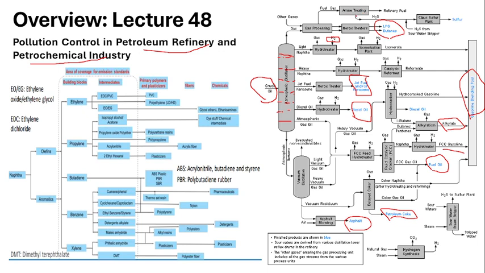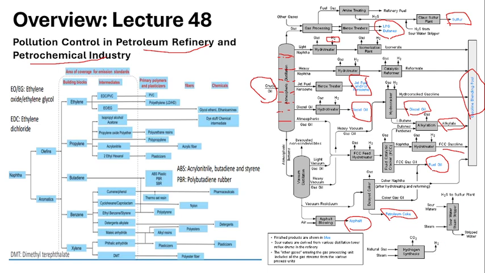So here the amine treatment is happening and refinery fuels are obtained, and all the H2S is removed and passed to the sulfur treatment plant, where stripping happens. After the stripping, we can obtain the sulfur from the H2S. Okay, these are all the different products obtained from the crude oil in the petroleum refinery.